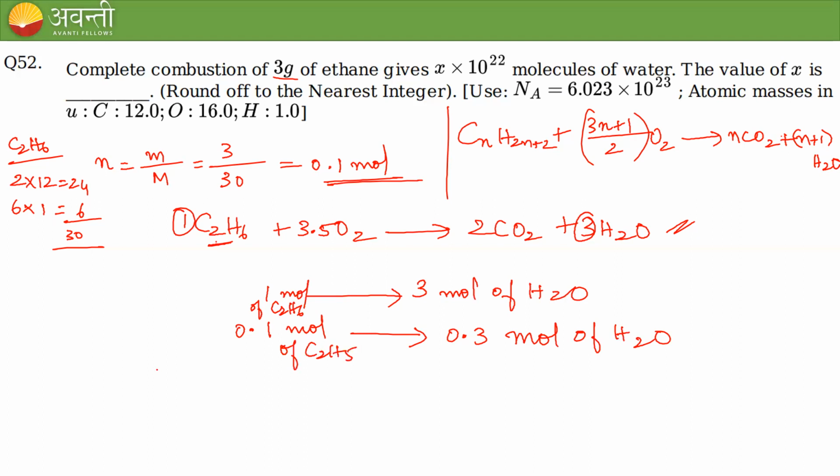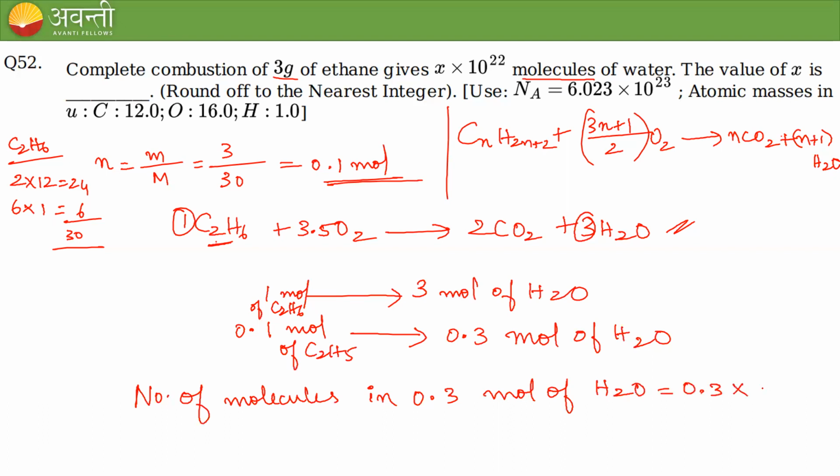Got it? Now, we have to find out the value of x. That is, we have to find out the number of molecules of water produced. So the number of molecules in 0.3 moles of water will be equal to 0.3 into the Avogadro number, which is 6.022.